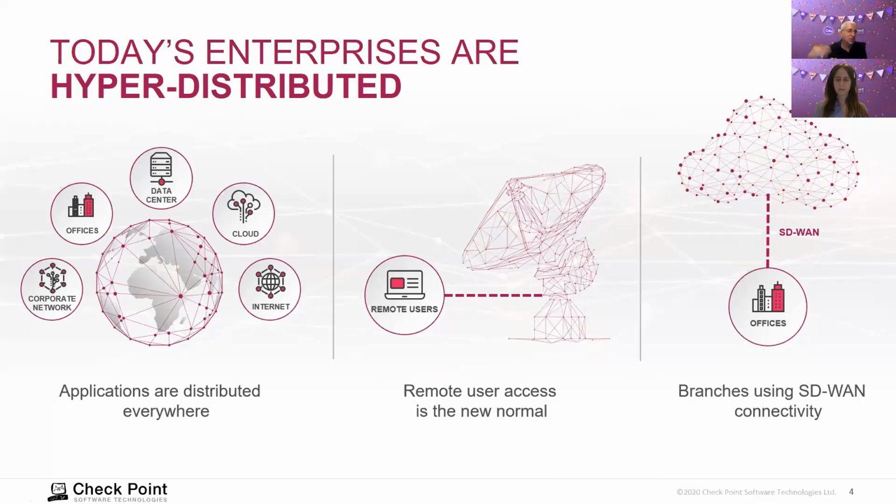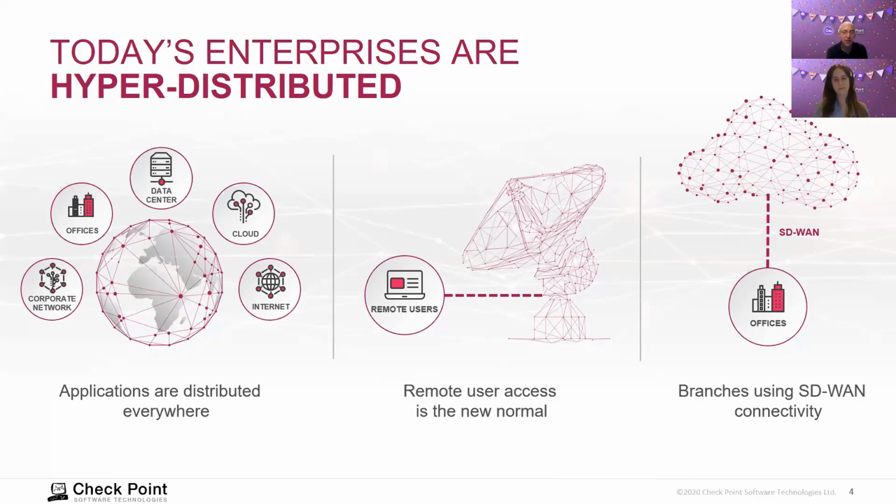So the applications that until a few years ago used to reside in well-defined data centers are now dispersed. They are distributed. More and more you'll find them in infrastructure as a service, in SaaS, and they're just scattered around in many more places. Many people use internet applications. Remote users obviously are another element of IT becoming much more distributed.